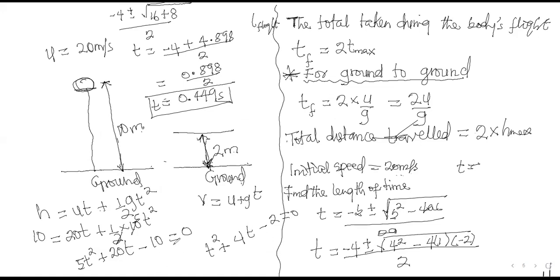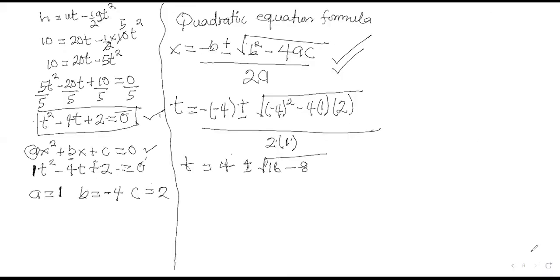Okay, so this is it: 5t squared, and here we got 5. Let me check to see where we went wrong.